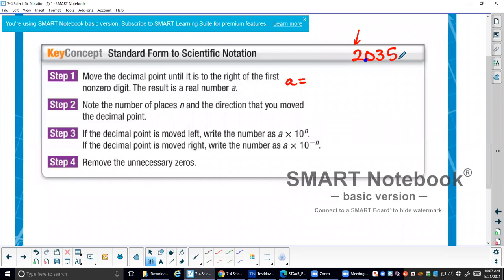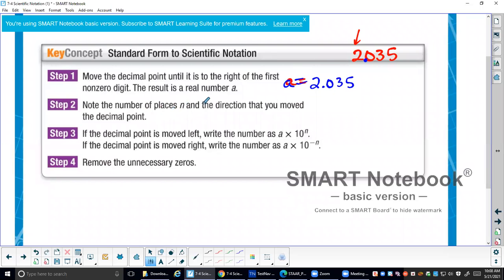So I originally started here and I moved over here. So a is going to be equal to 2.035. That is the value for a. That's step 1, find a.